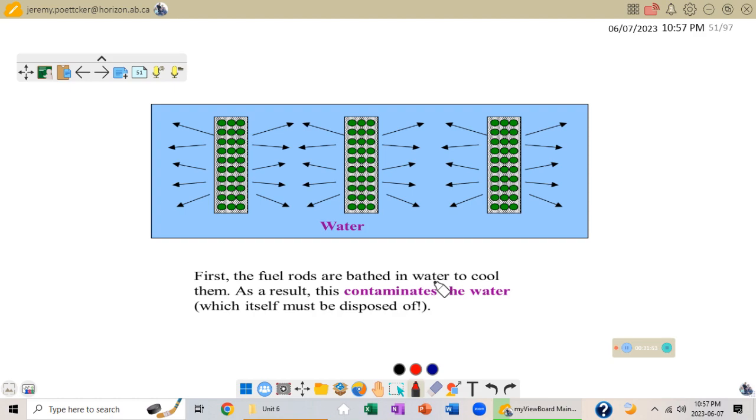No, those pools are rather well guarded because of what's in them. Also, if you'd swim near the surface, you'd be fine. If you were swimming right at the bottom near the radioactive stuff, you might be okay because they're sealed in glass and things like that, but probably a bad idea to try it. Now, this does contaminate the water. Then we've got to dispose of the water.